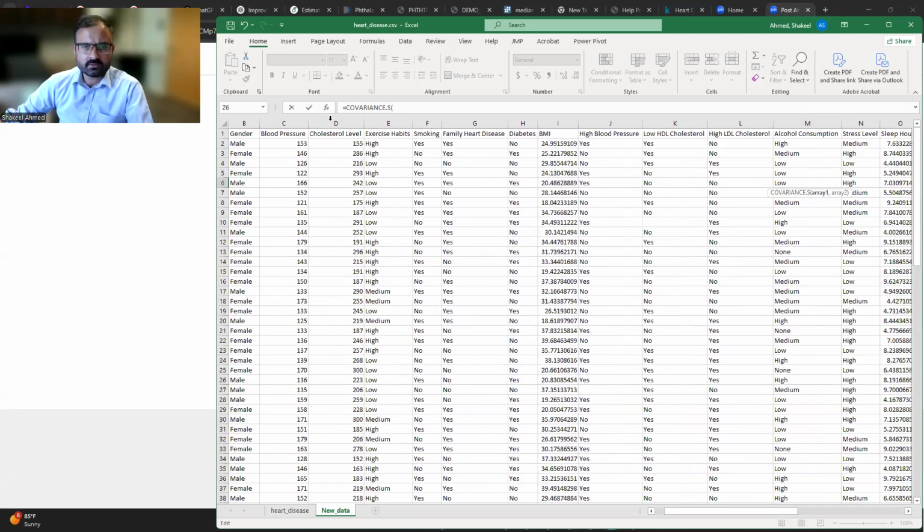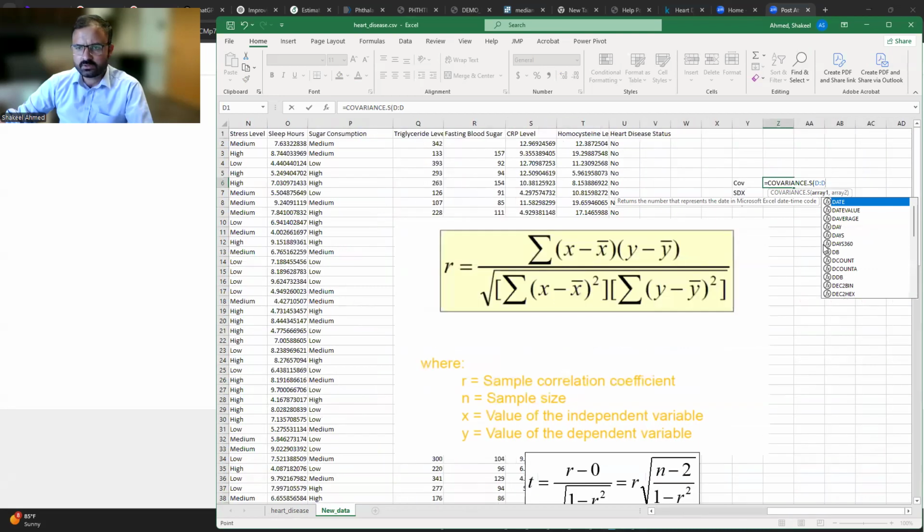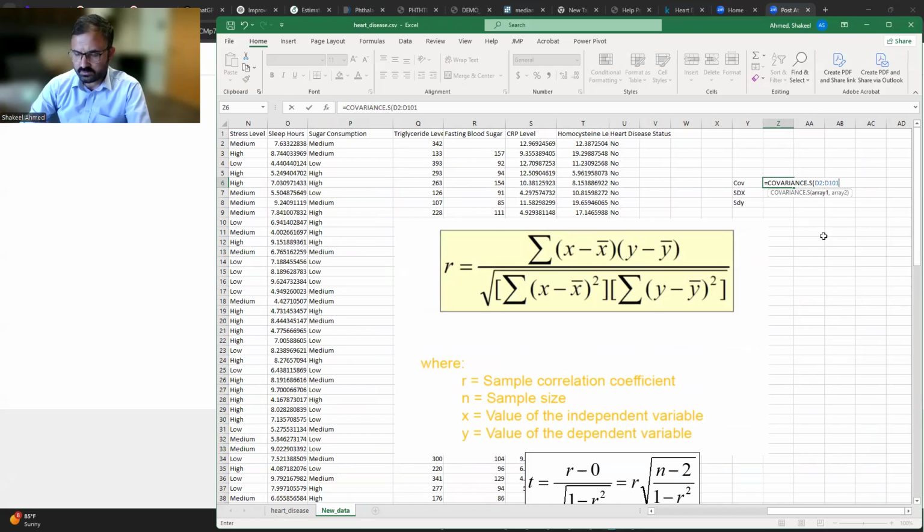For example, we have the D column and the I column. So we can write D2 to D101 and I2 to I101. That gives the covariance.